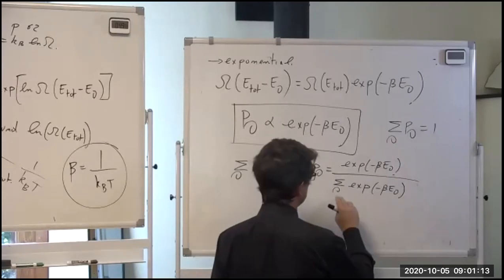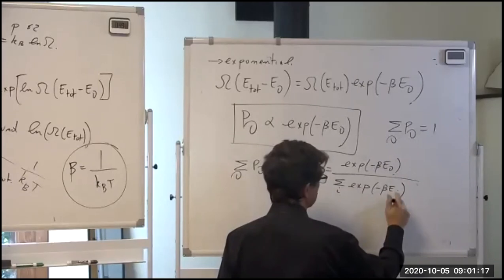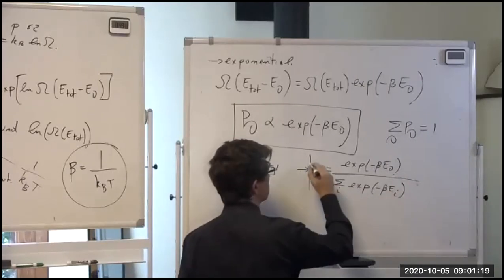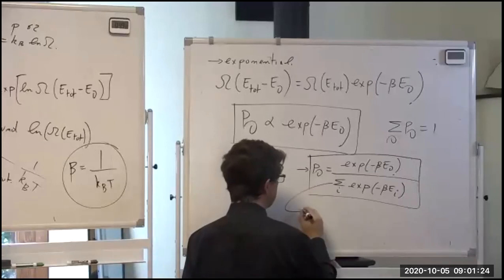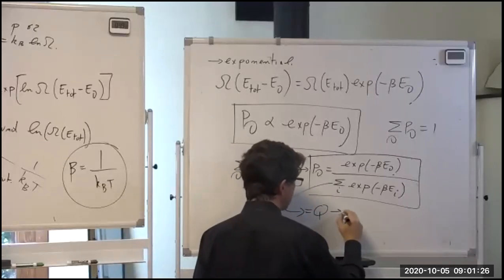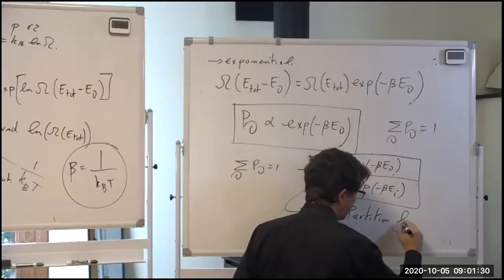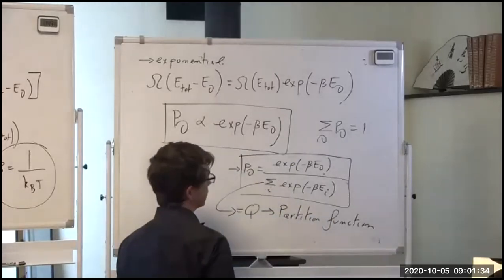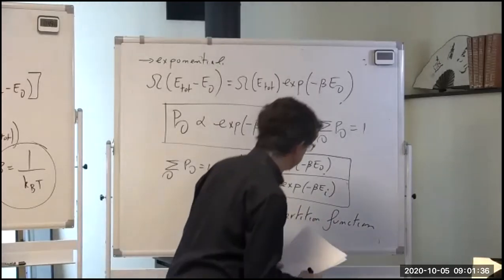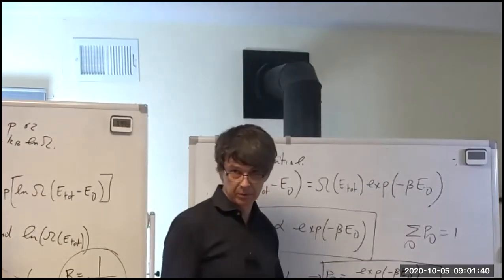And maybe I should use a dummy index here. Maybe I should call this i. Right, so this is the proper expression to normalize this. And this object is called Q, the partition function. We will later see that it has a much more important role than just being a dumb normalizer. It turns out that it's the function that contains everything you need to know about systems.